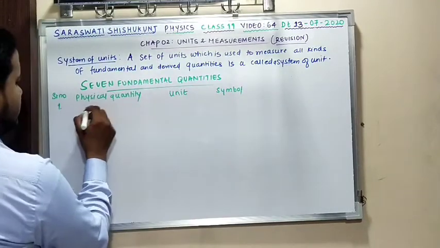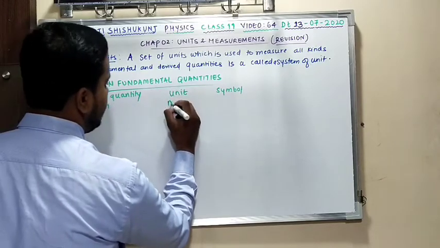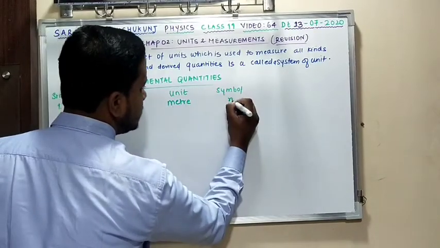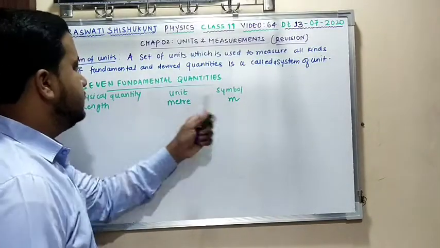Clear? So first is length, unit is meter, symbol is small m. Clear? Length, unit is meter and symbol is small m.